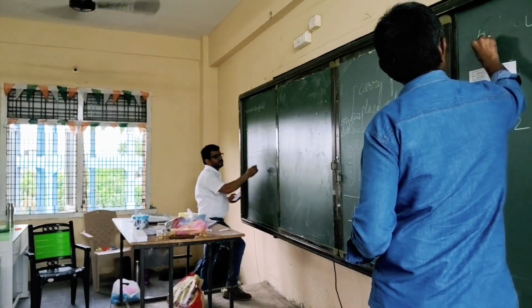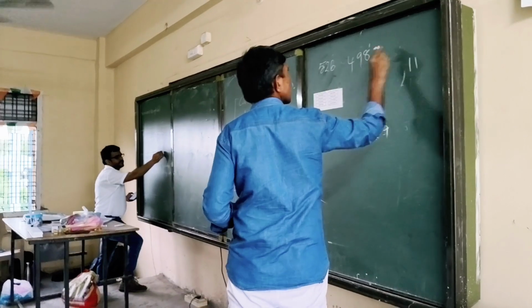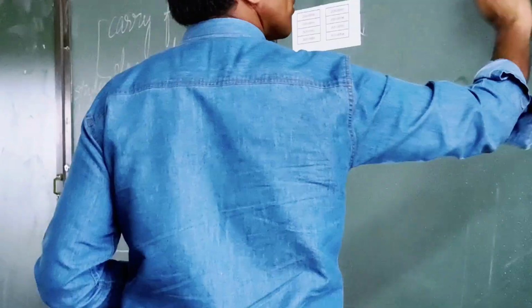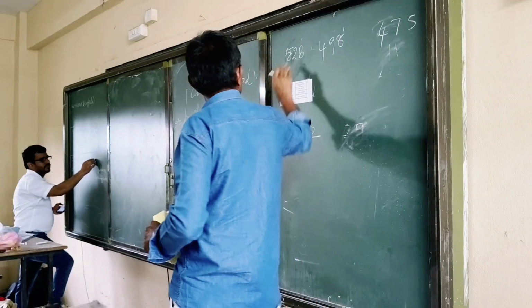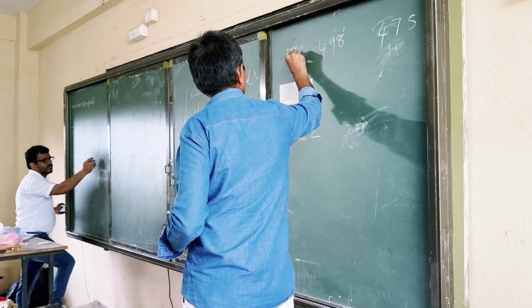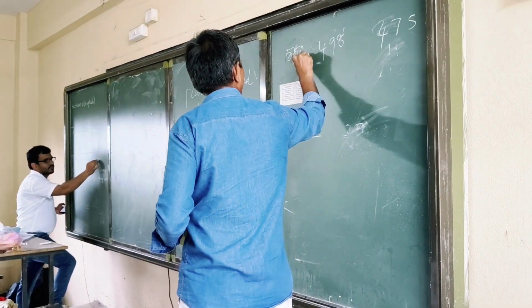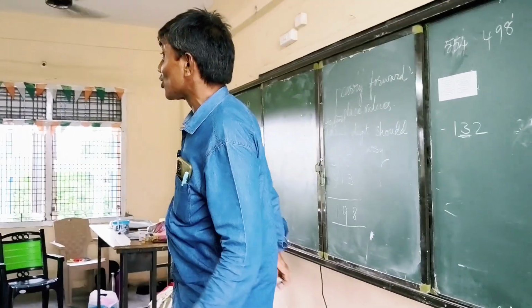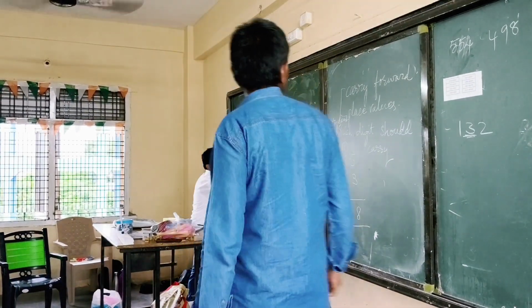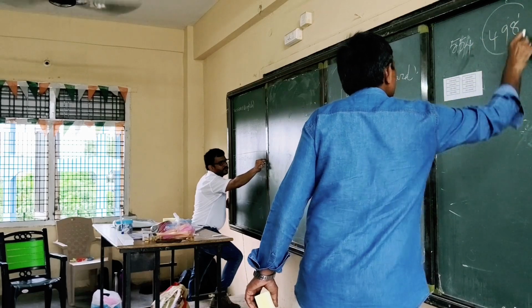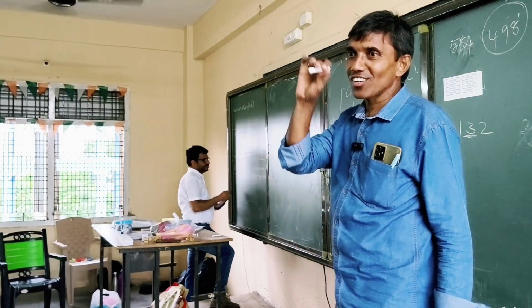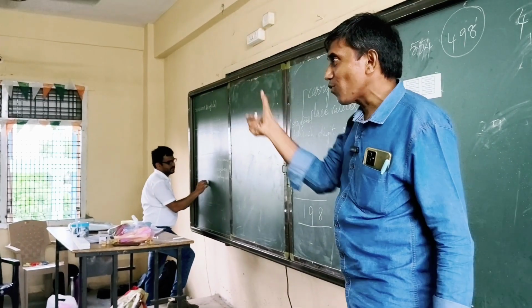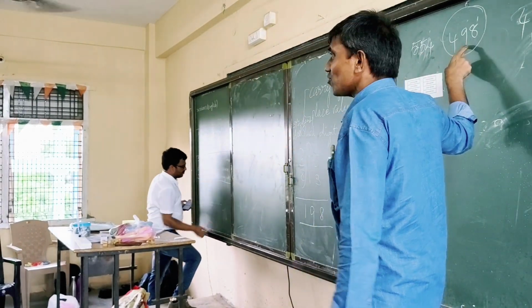498, 526, 475. Which number is the nearest to 500? So it is 500. We do not consider 498, we consider 500.